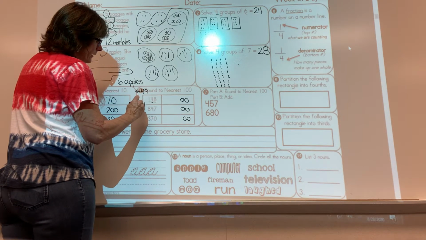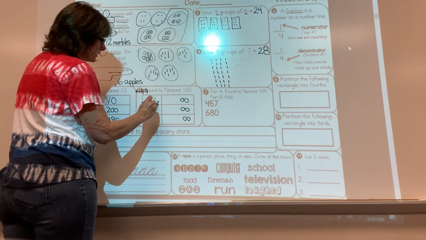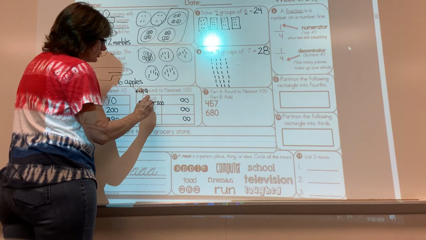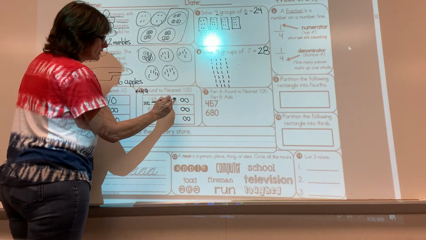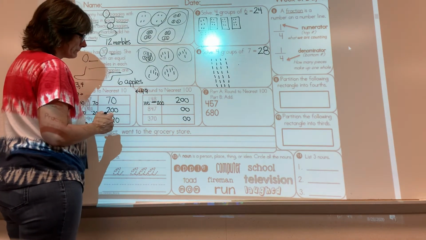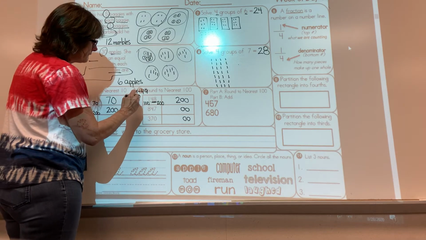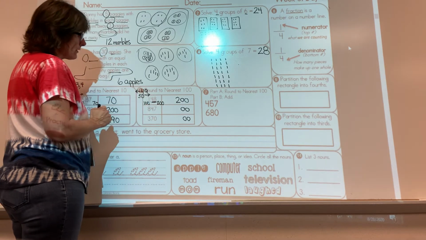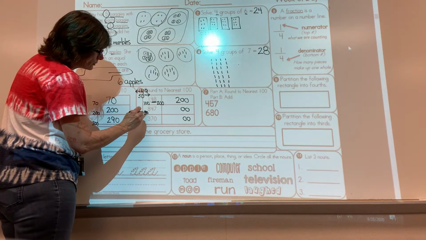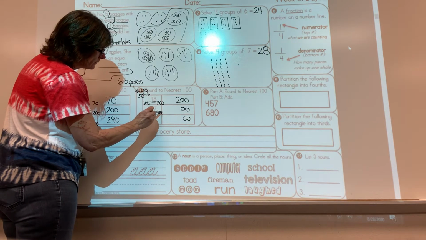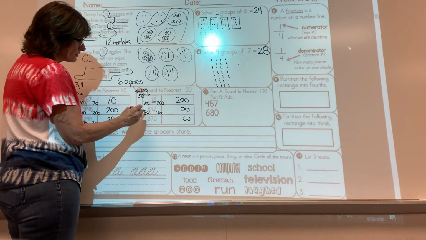This is between 100 and 200. And the tens and ones are less than 49, so it's going to round to 200. If it's 50 or above, it's going to go that way. This is between 800 and 900, and this is 47, so it's going to go this way.